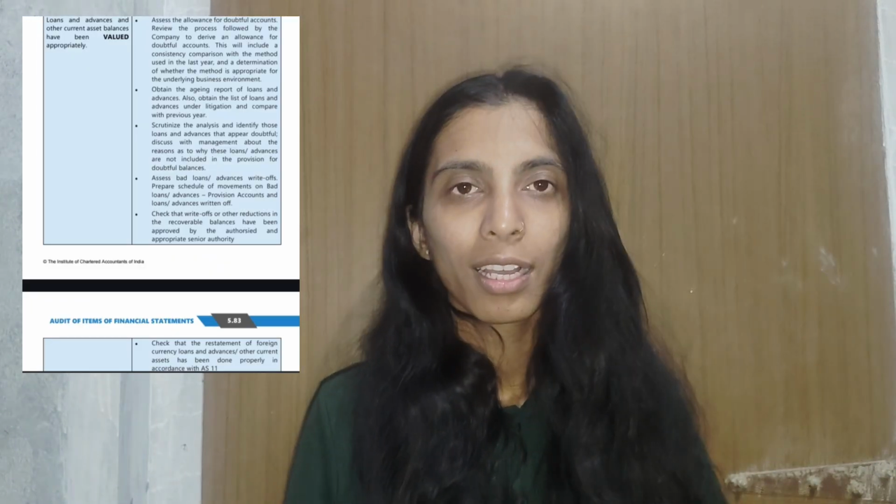For those loans and advances under litigation, what you need to do is compare them with the previous year, okay? The first one is obtain the aging report of loans and advances. Aging report, keyword. And the second one is obtain those loans and advances which are under litigation and compare it with the previous year. 2 points are done, okay?